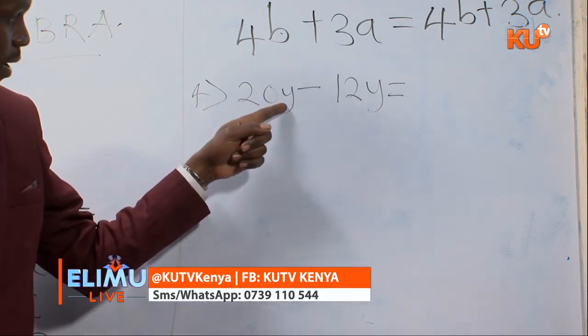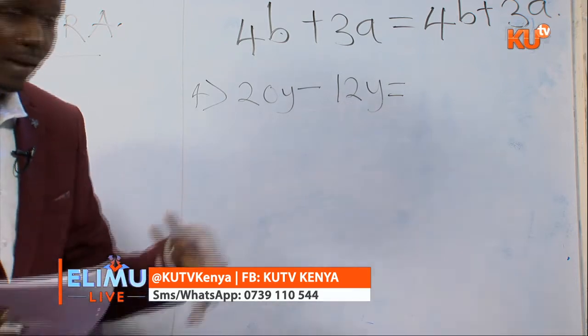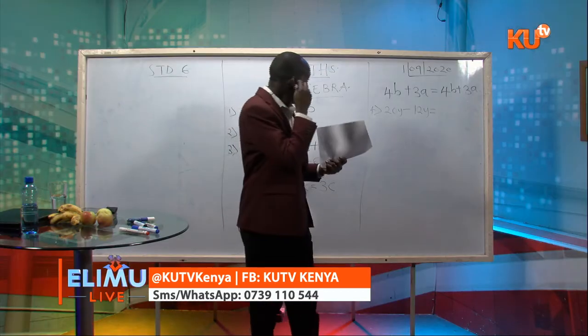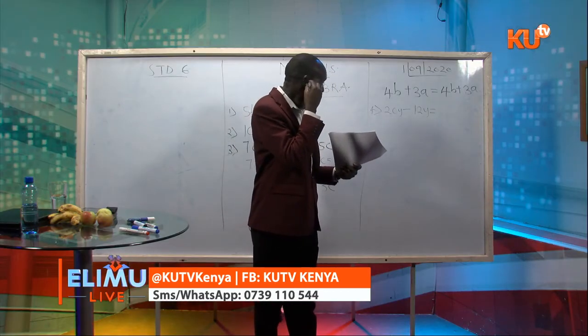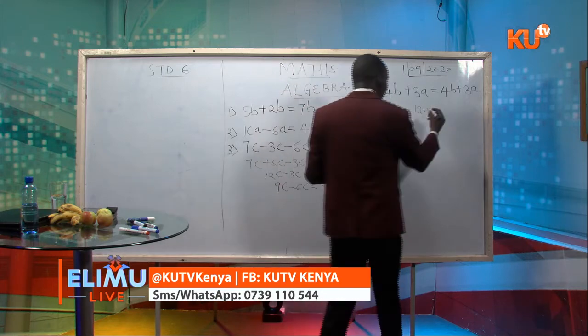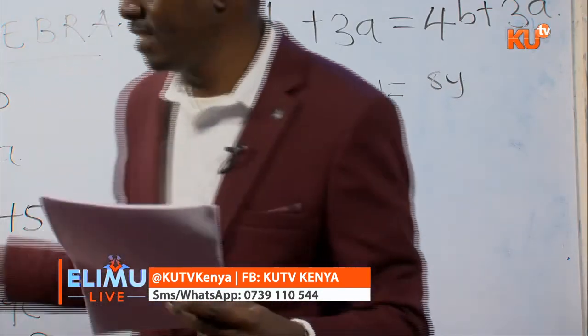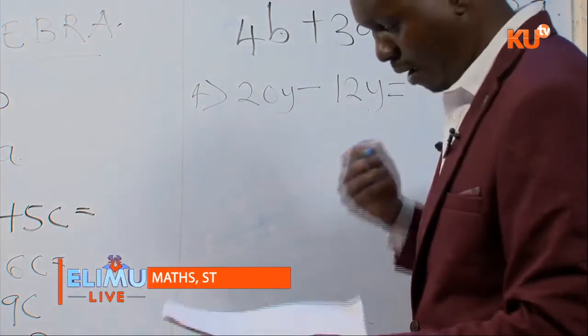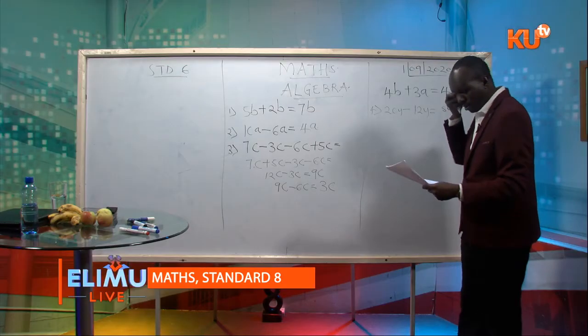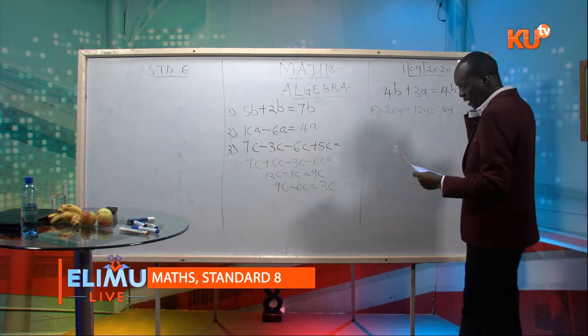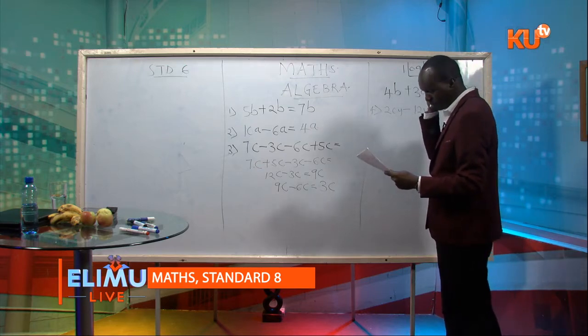We have 20y take away 12y. When we subtract 12 from 20, we get 8y. So our answer for this case becomes 8y.